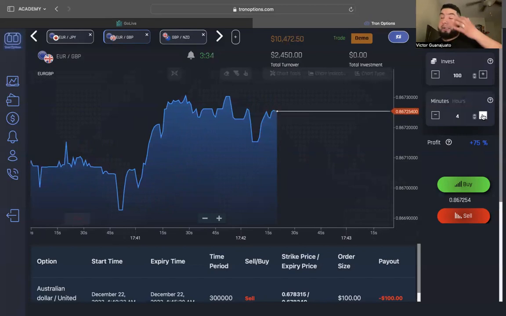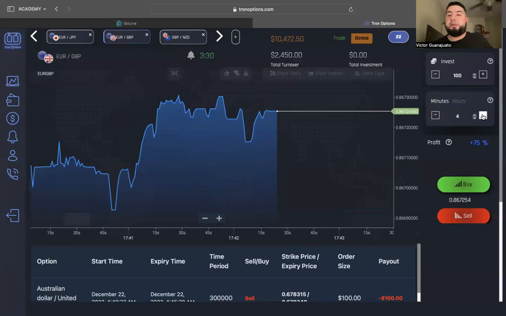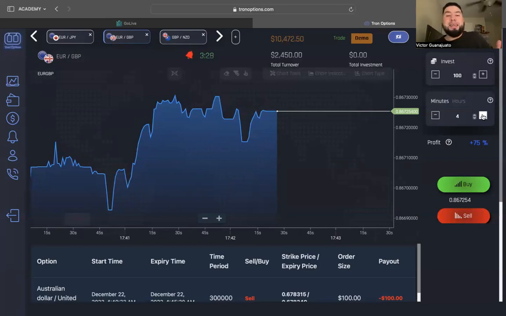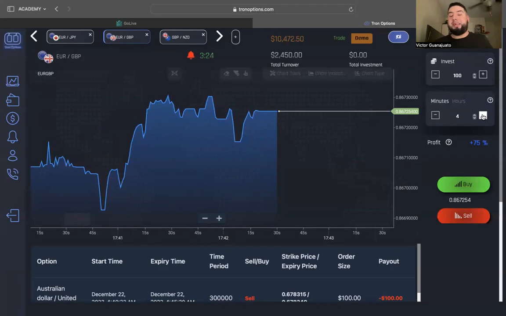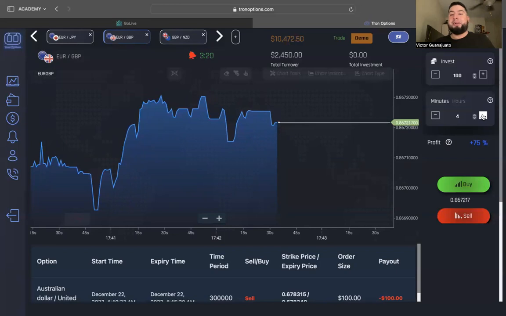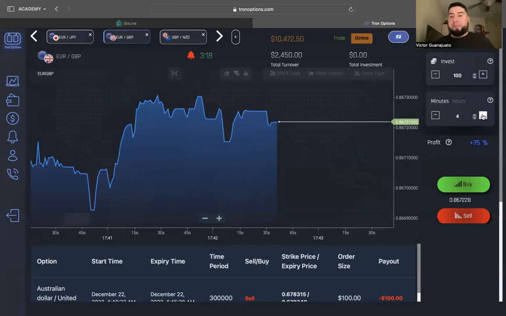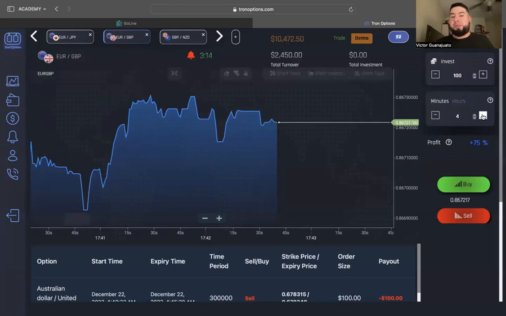And just for you guys to know, I'm not an expert. I'm not looking at any scanners or any class or live session or trading idea alerts. So this is just a complete guess. I'm going to show you how an operation works.